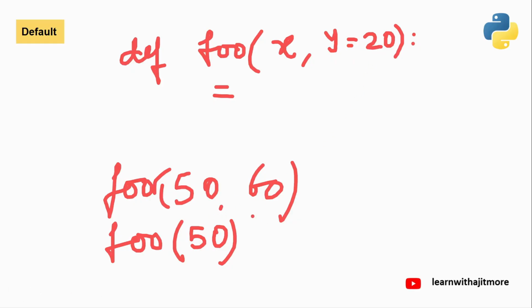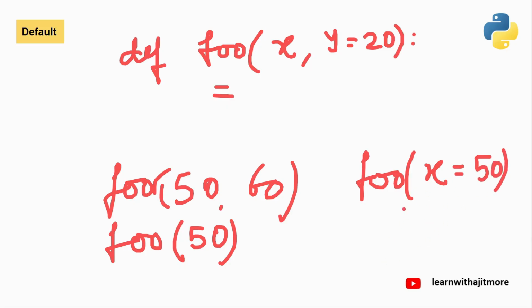Okay, so the rule is clear to you. And here also you can pass the actuals by keyword also. It's not necessary you have to pass by positional only. Correct? Like here I'm writing foo and here I'm writing x equal to 50.